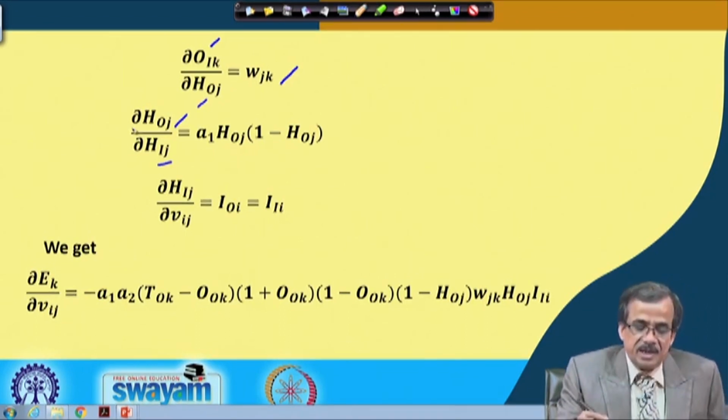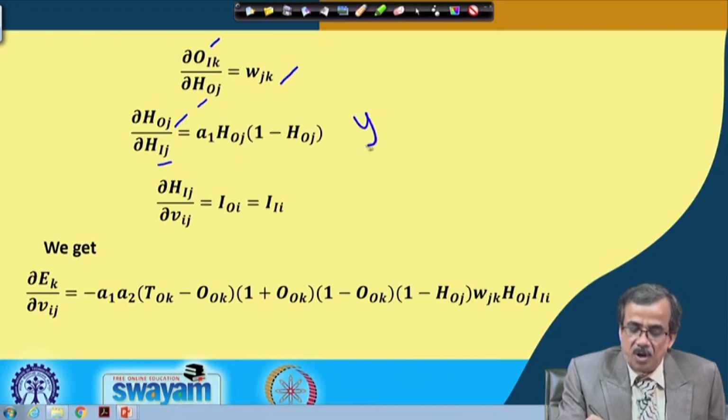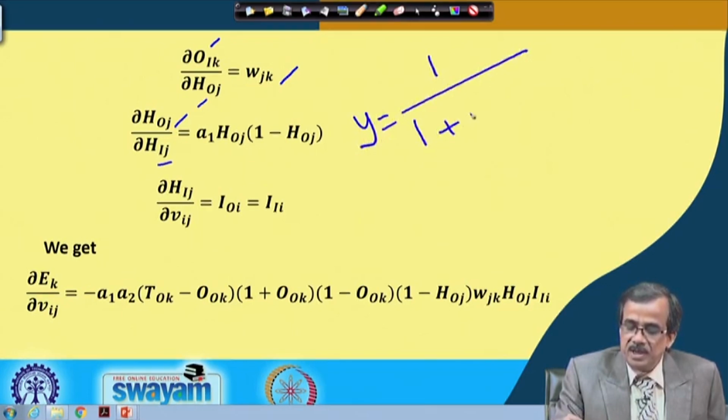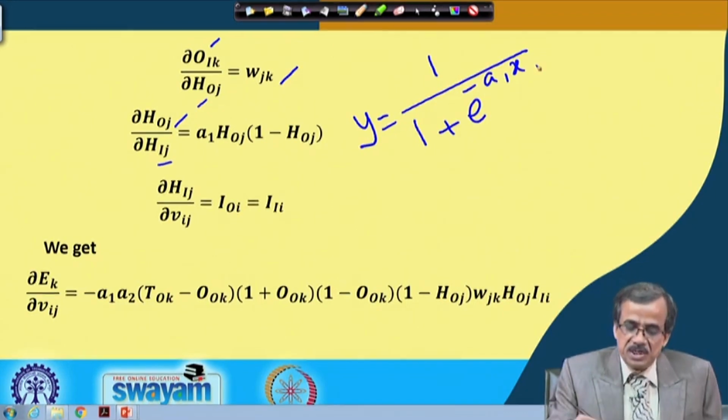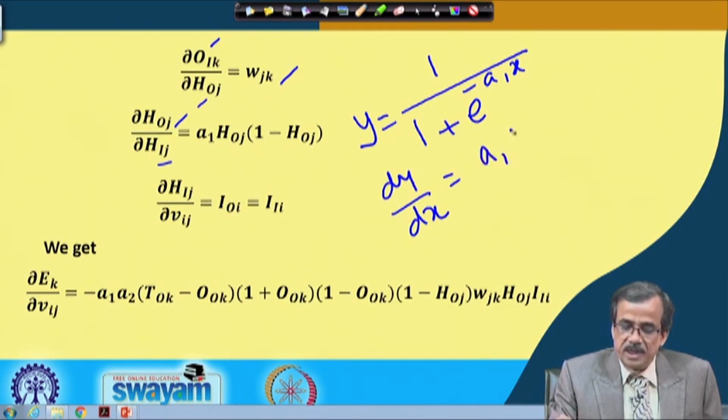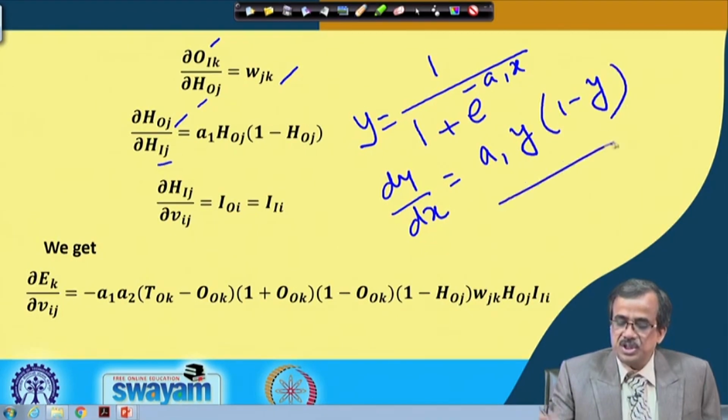Now, in the hidden layer we have used a log sigmoid transfer function, which is nothing but 1 divided by e raised to the power minus a1 x, and if you find its derivative, dy/dx, this will become a1 y multiplied by (1 minus y), this you can check.